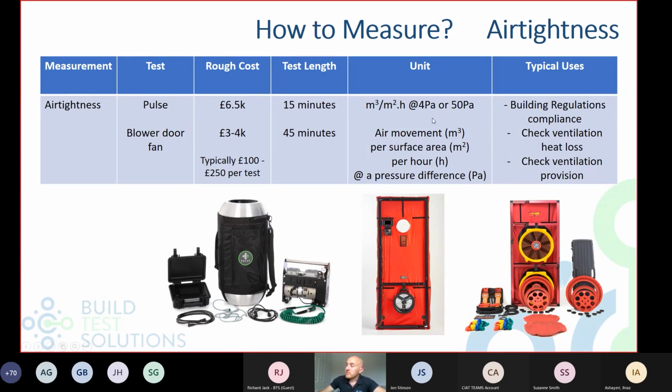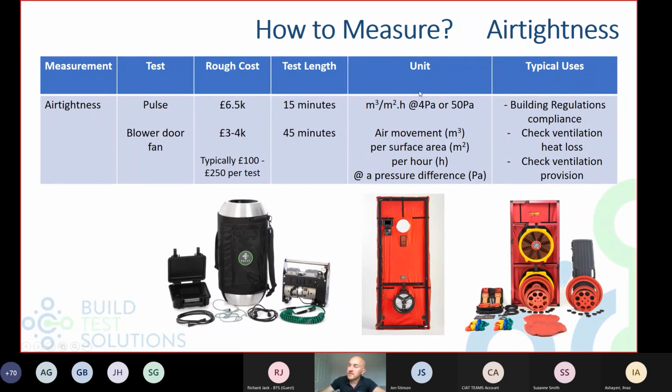The measurement metric: whilst the two pieces of kit are measuring at very different pressure levels, and so are serving two different purposes, the actual output metrics are common between them. Pulse is measuring air permeability, so meters cubed of air per meter squared of envelope area per hour.